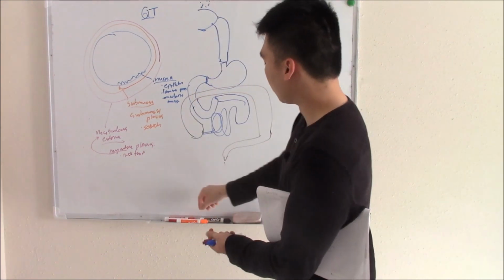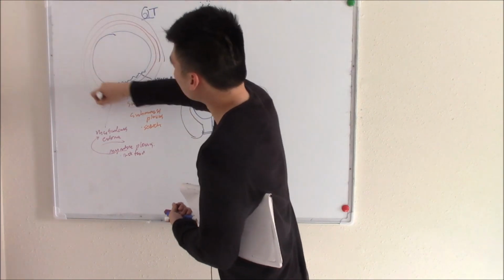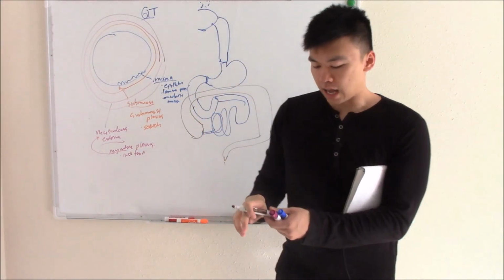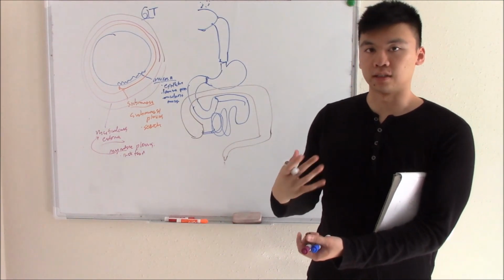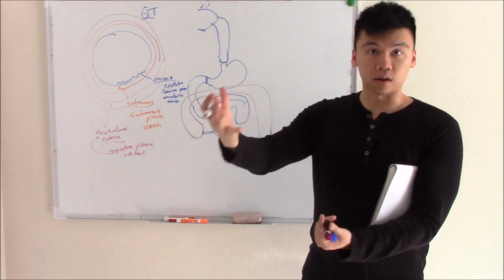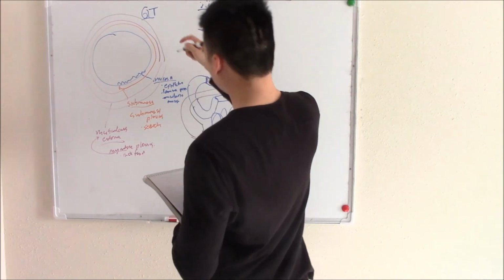Last but not least, our most external layer is just going to be an outside protective coat. If it's intraperitoneal, if it's in the peritoneum, then the peritoneum will form the coat of it. This serous membrane is called the serosa.